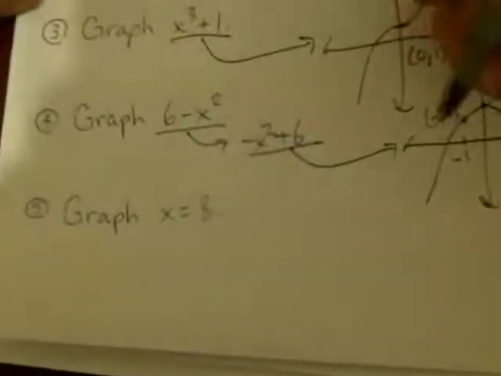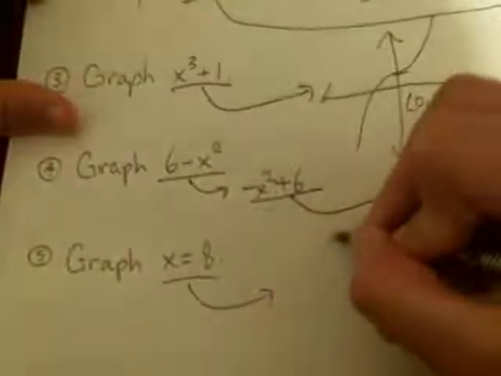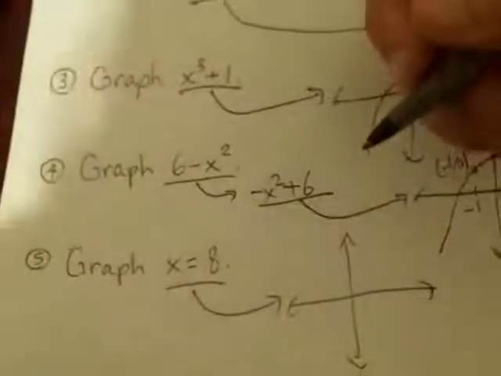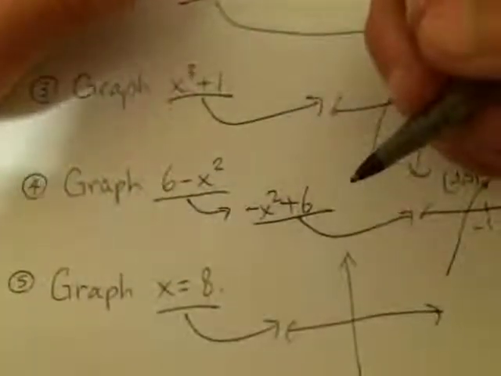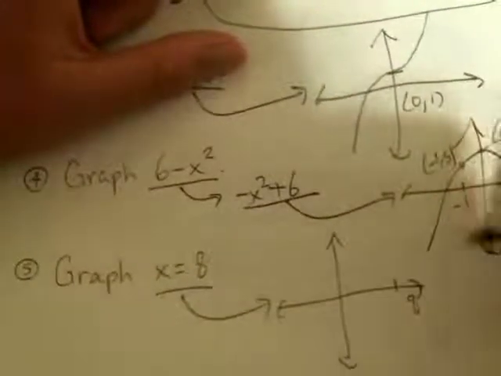This one asks to graph x equals 3. Alright, so this one is fairly simple. So, x equals 8, not x equals 3, sorry. So this one we can just do all the times when x equals 8, which happens to be when 8 is here.